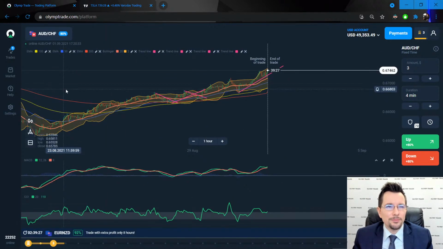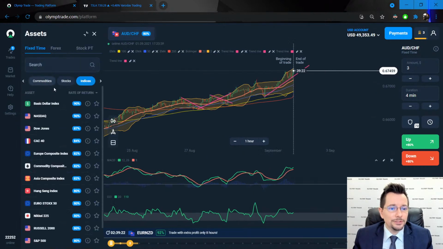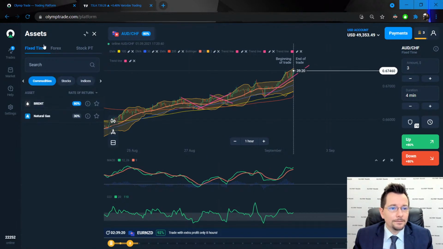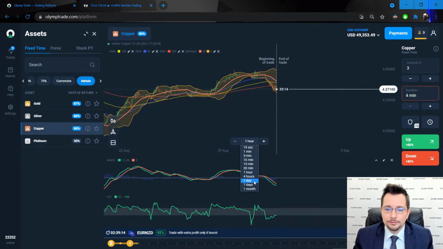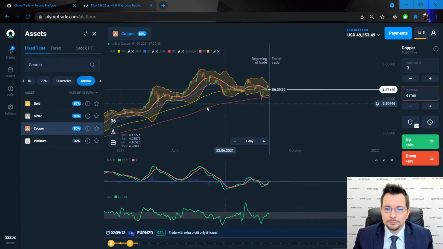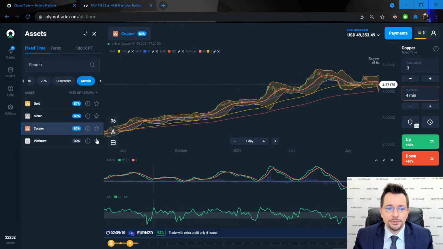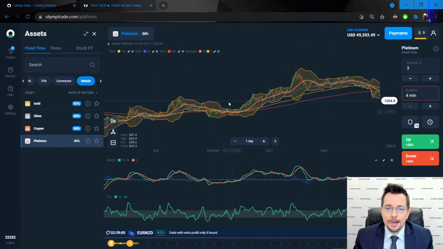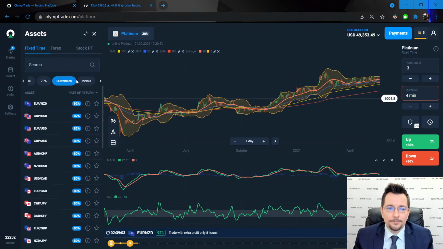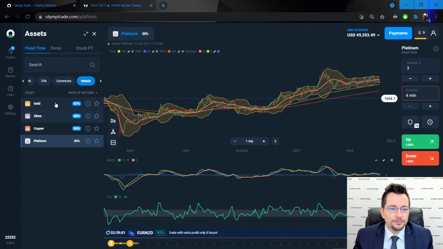Their real estate market though fell, so I do believe a lot of it is due to the high price of copper. So the copper has been growing, platinum has been growing, palladium as well, I believe.